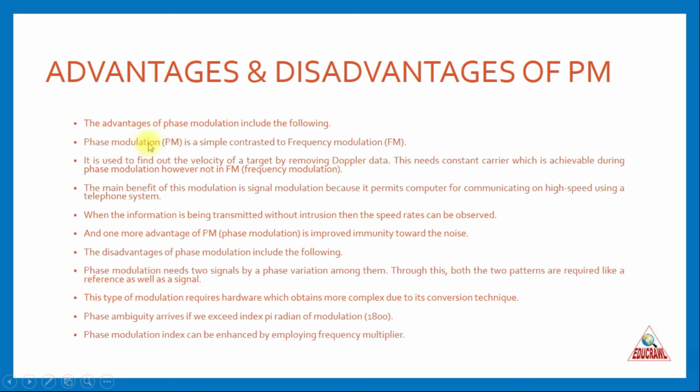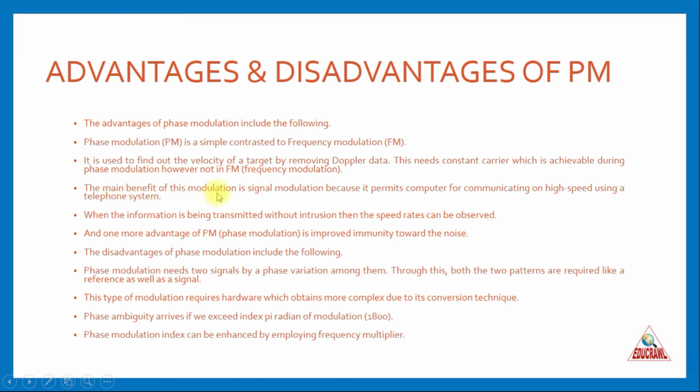First one: phase modulation is simple compared to frequency modulation, and it is used to find the velocity of a target by removing the Doppler data. This needs a constant carrier, which is achievable in phase modulation, however not in frequency modulation.